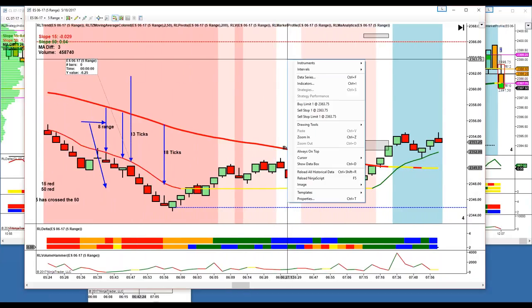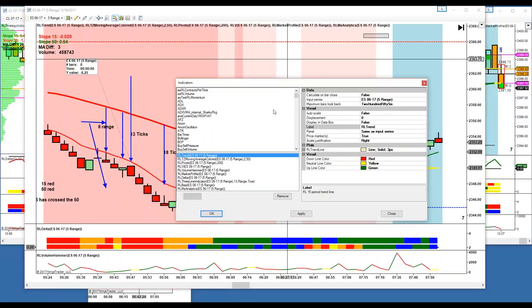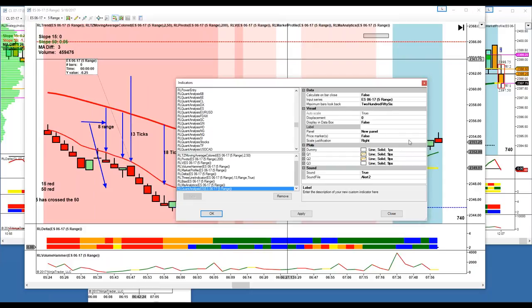Now, let's go to our next indicator. And it's the quant lines. We have a whole gallery of them, and they're each different for each market. So we need to find the quant ES, which is right here, and we have to make sure that that's in 3. So we have to push everything down.